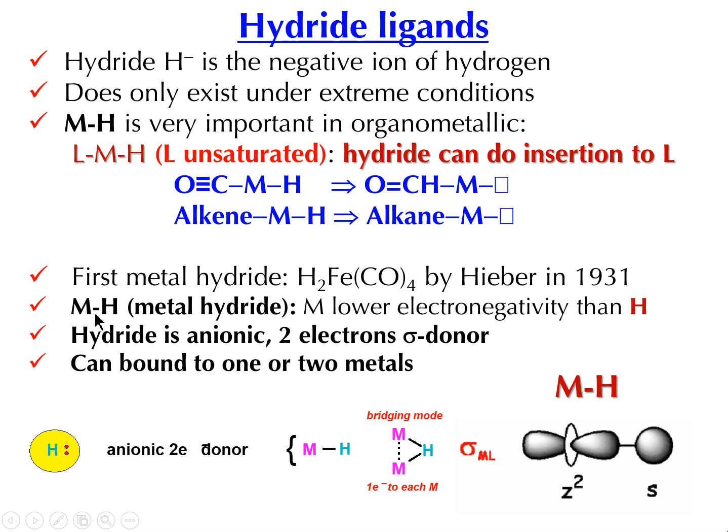That gives the hydrogen the property we call hydridic property. Hydride H- is anionic 1- and is a 2-electron sigma donor by the orbital s.